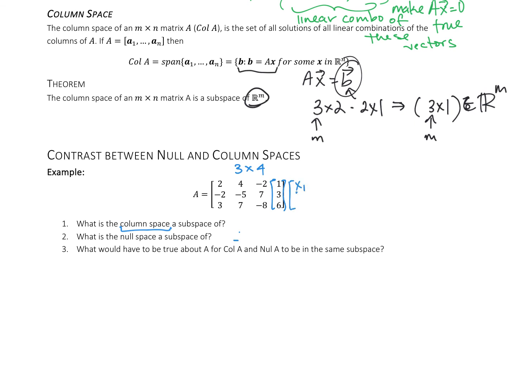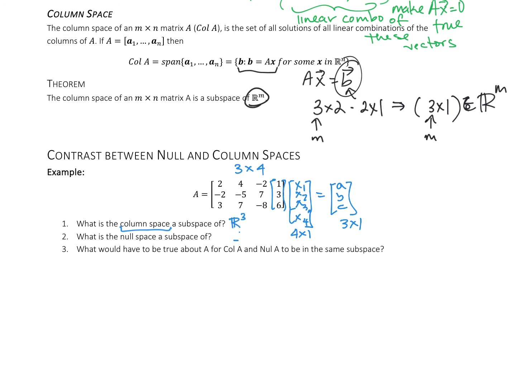If I have some x1, x2, x3, and x4, my resultant vector is going to be a 3 by 1 vector, with entries a, b, c. Because I have a 4 by 1 and a 3 by 4, the column space here is a subspace of R3.